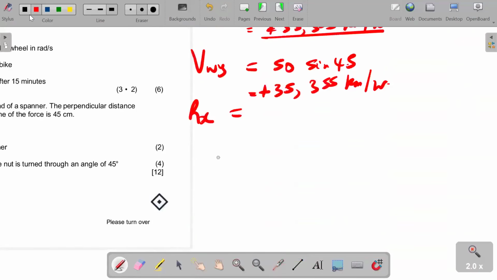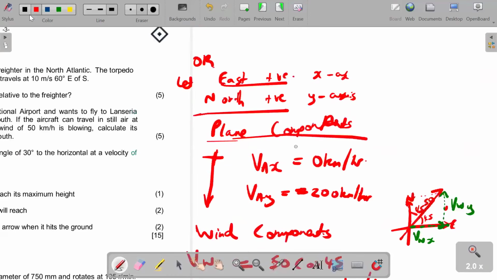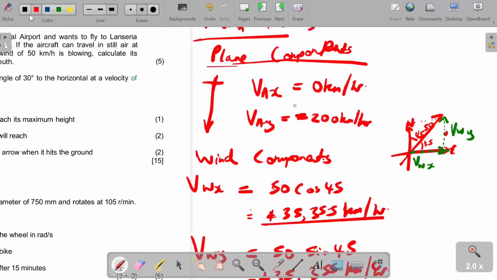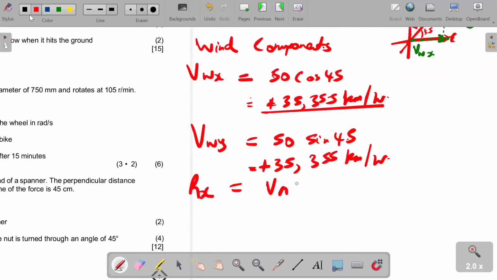Let us start with Rx. So Rx is going to be given by VAX, the velocity of the plane, which is our aircraft, I'm using it as VA there. So VAX plus VWX. What was VAX is 0, plus VWX, that's 35.355.